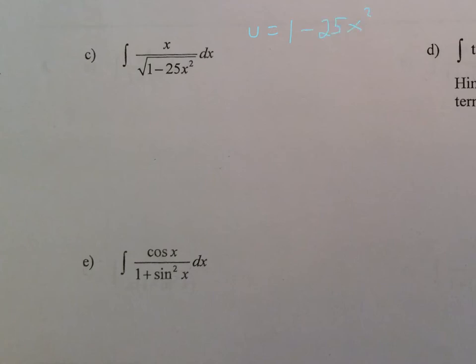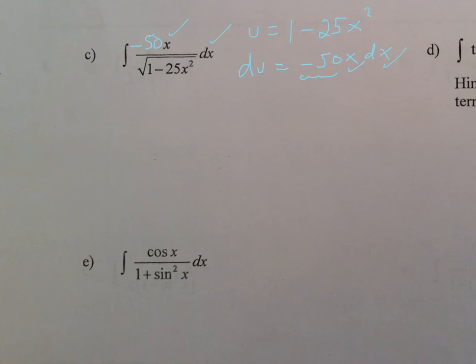So if u is 1 minus 25x squared, then du, the derivative of 1 is 0, derivative of negative 25x squared is negative 50x dx. Well that's good because I have an x, I have dx, so I only need to insert a constant, which is allowable.